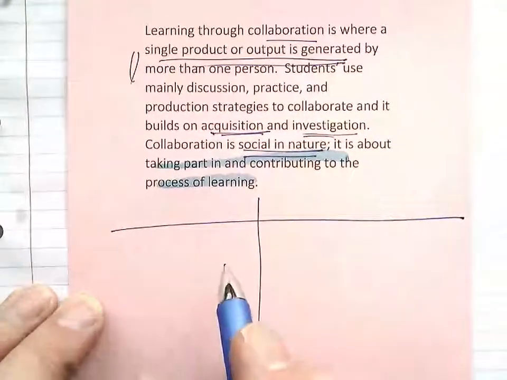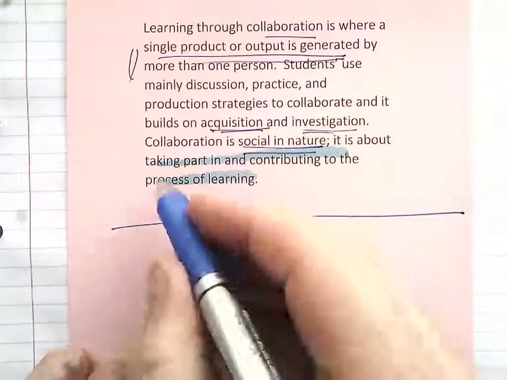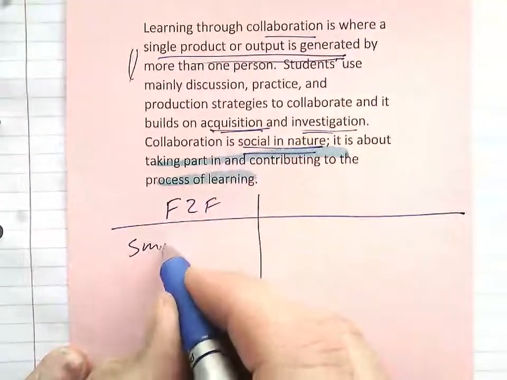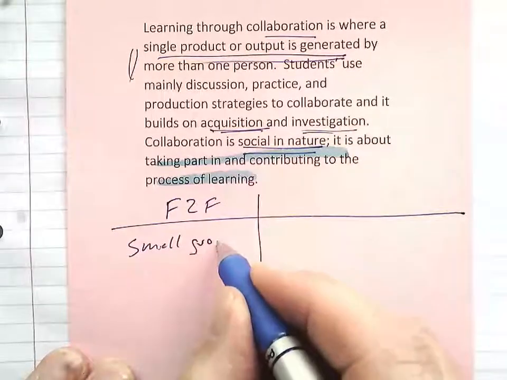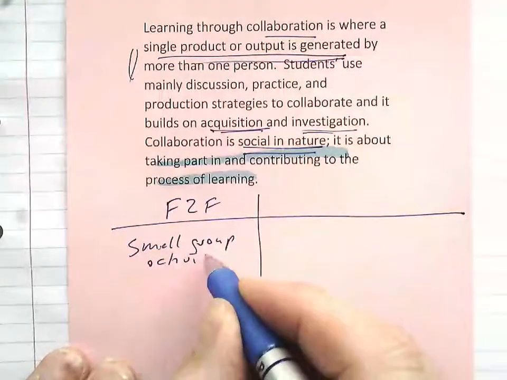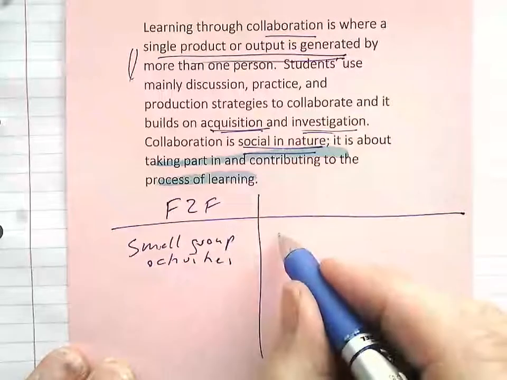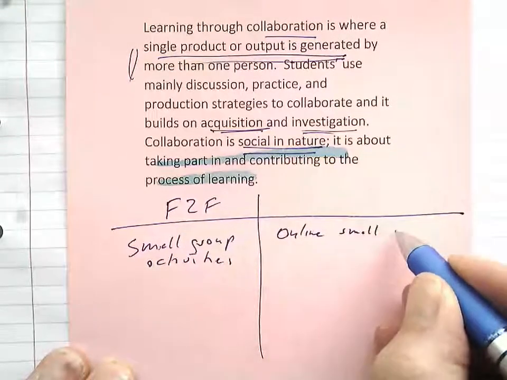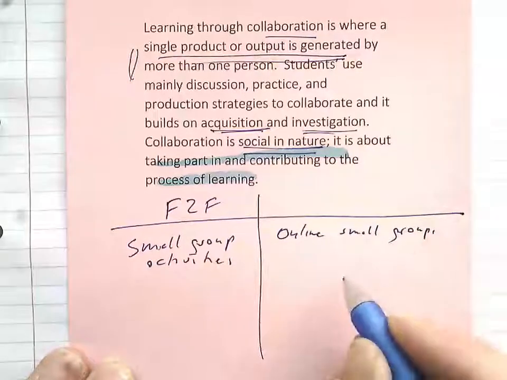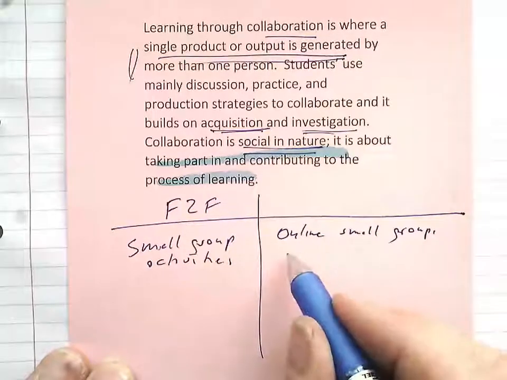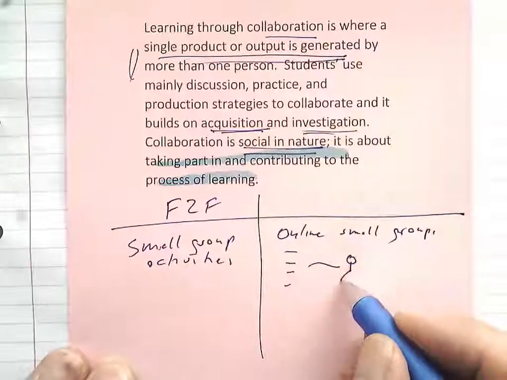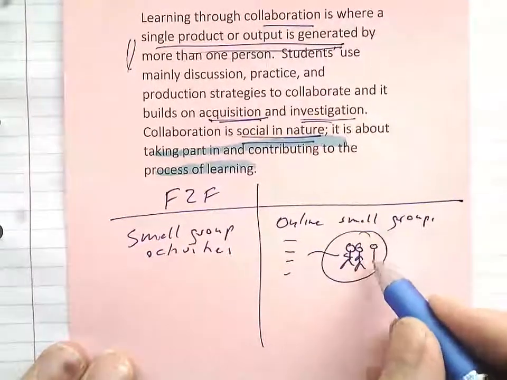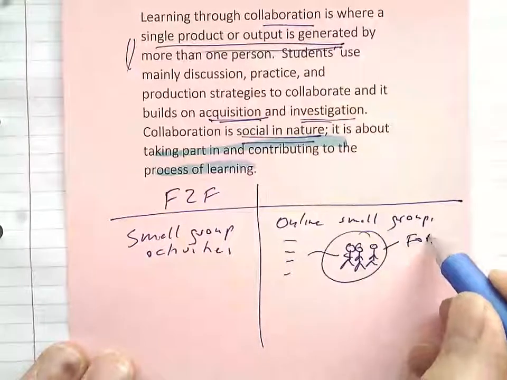So look at our T-chart again, face-to-face, small group activities, and using online small groups. Now in Moodle, you basically have your whole class and you put a few people into a group and they have their own forum.